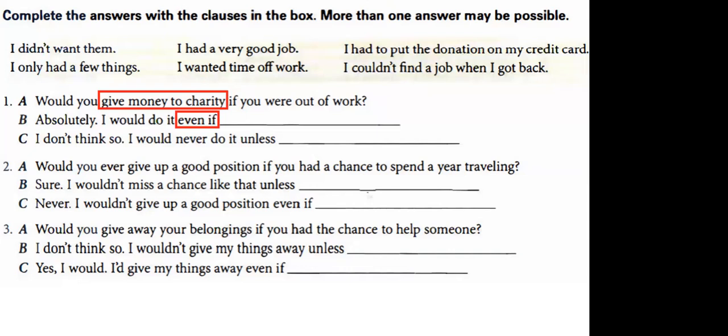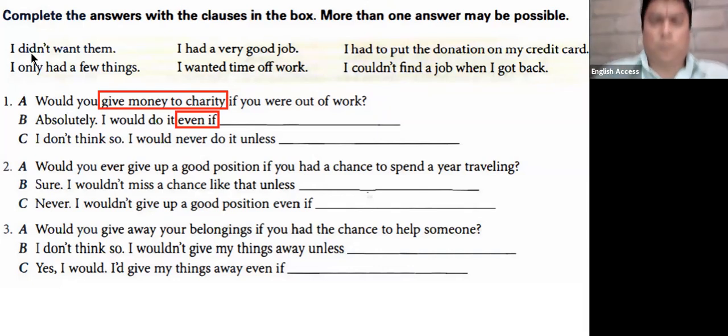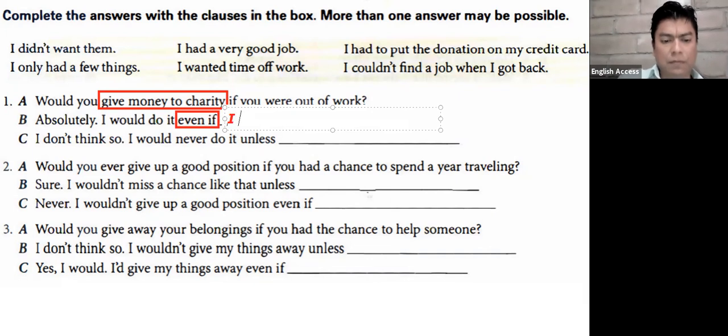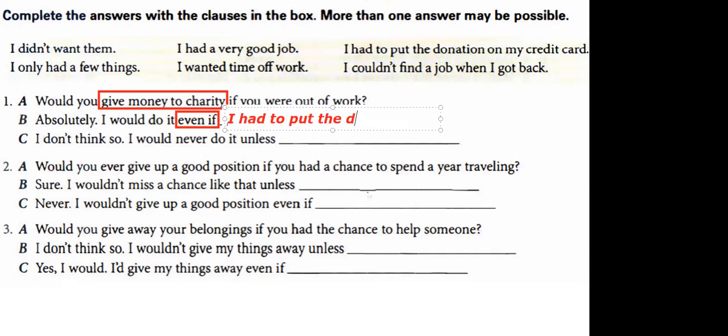All right, are you ladies finished? Yes, teacher. So let's check your answers. What do you have for number 1? 1B. I had to put the donation on my credit card. Okay.